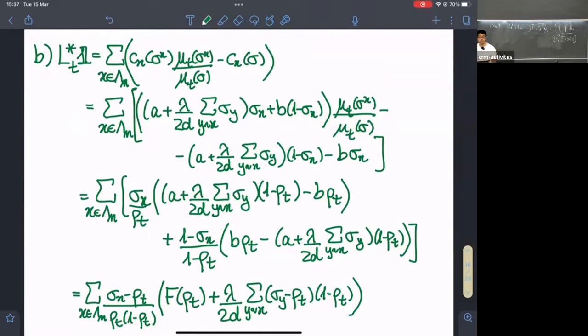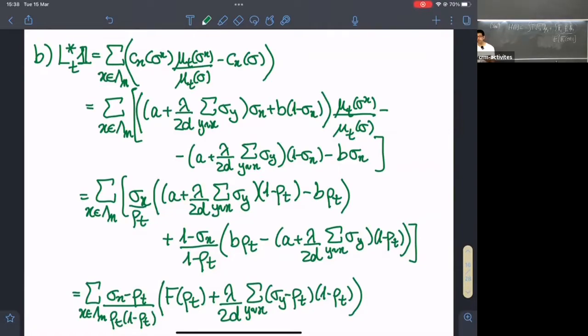It only depends on sigma_x because you're only changing one site and all the other sites remain the same and the measure is product. So it's a very simple computation. It takes some time to actually do it, but it's not difficult. And these c_x are also explicit. One additional feature of this computation that makes it even simpler is that the exclusion part does not play a role there.